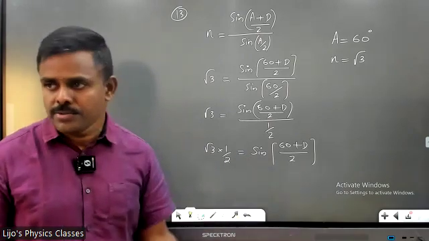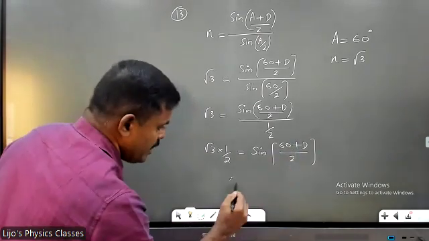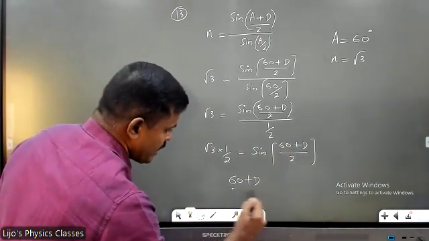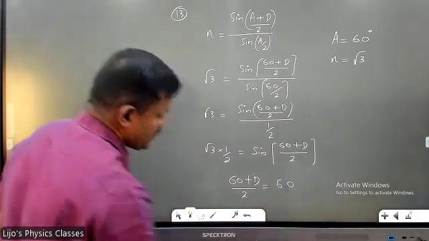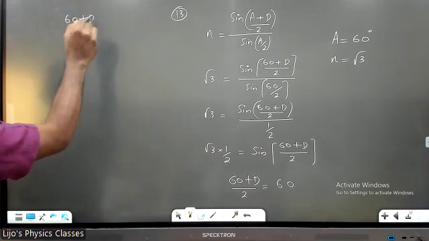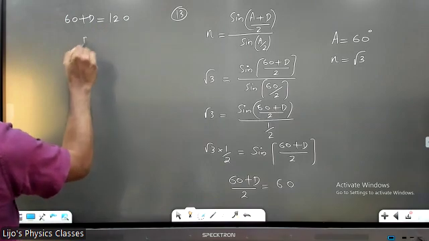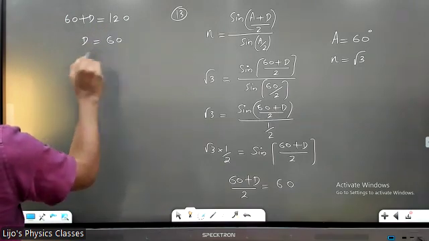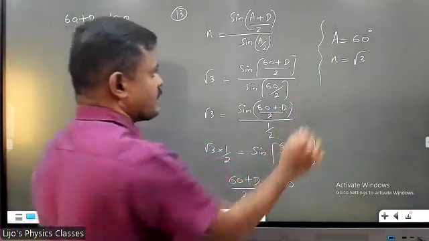Sine 60 is root 3 by 2, right? So this bracket should be equal to 60. 60 plus D is equal to 120, so D is equal to 60 degrees. I got the angle of minimum deviation.